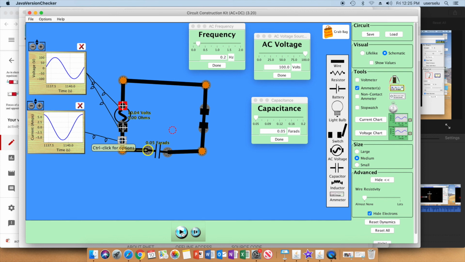Now, if I want to find that value exactly, I would have to calculate the capacitive reactance of this circuit. The capacitive reactance of this circuit can be calculated by taking 1 divided by 2 pi F, and the F value is 0.2, and divided by C, and the C value is 0.05.